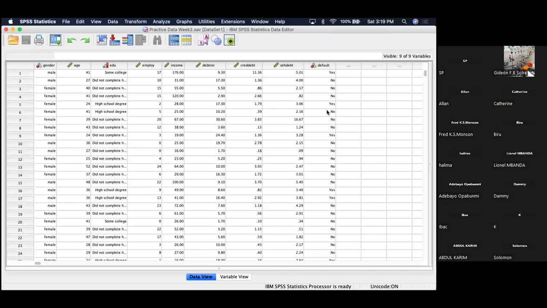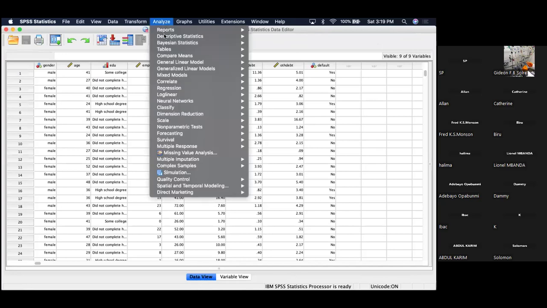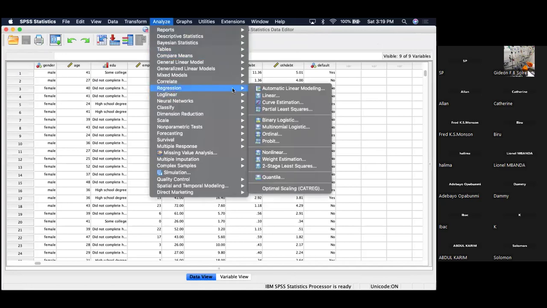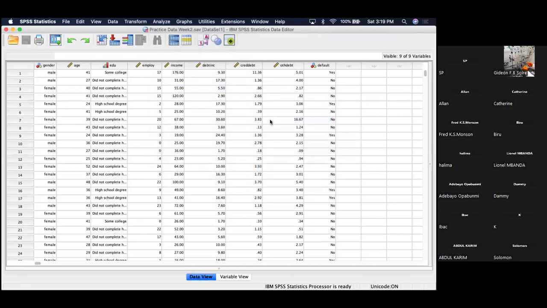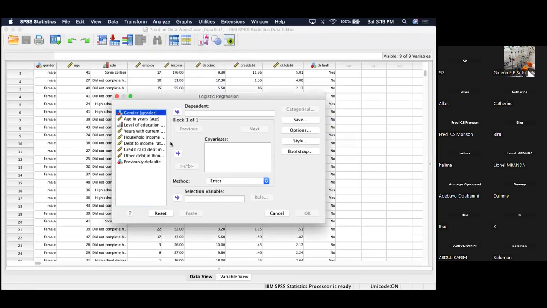Okay, so I'm going to replicate the analysis again. We go to Analyze, Regression, Binary Logistic. I did mention we move the dependent variable, which we defined last week, to be defaulting on loan payment. Then we move all the independent variables, or the covariates, into the covariate box.